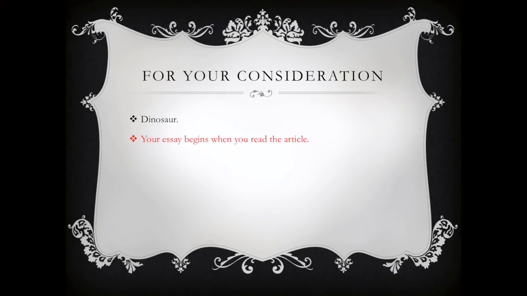Your essay begins when you read the article. Now, that's an interesting point, and that's a subtle point, but it's a very important point. Your essay, your writing begins when you read. If you haven't read, then you're not going to be able to write. Your reading actually is going to determine your writing.